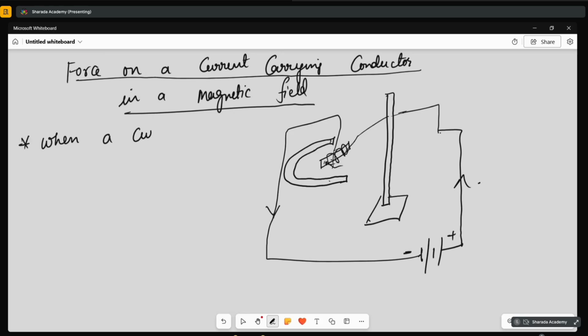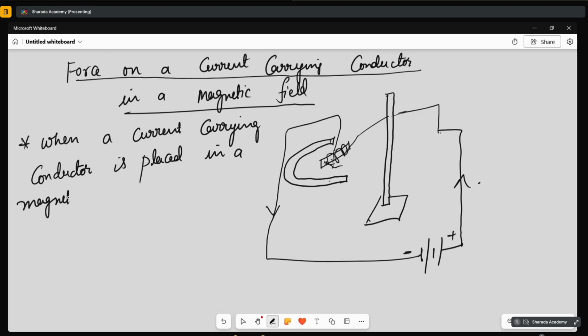When a current carrying conductor is placed in a magnetic field, it experiences a force.